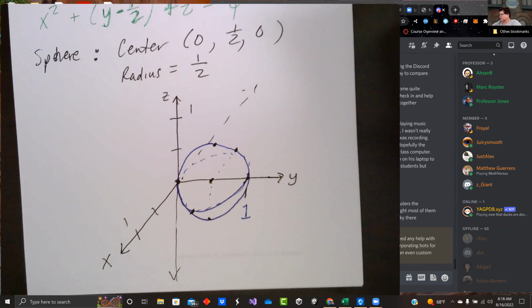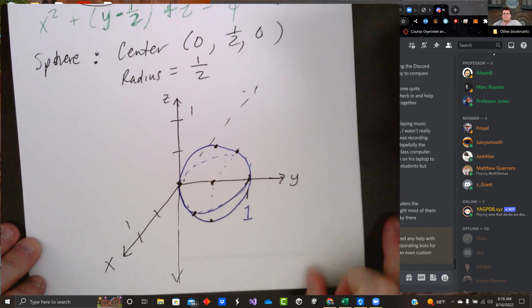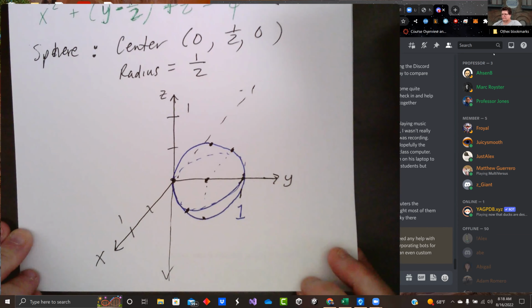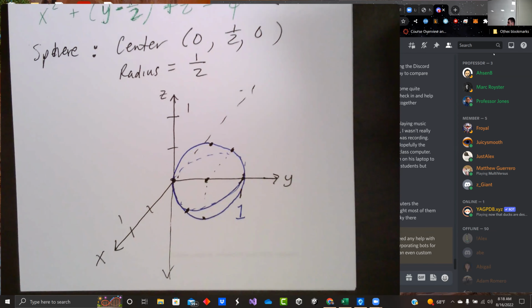Any questions? Yes. For testing purposes or just for showing work, does it matter where we draw the hemisphere? If I did it vertically instead of horizontally, would that matter?